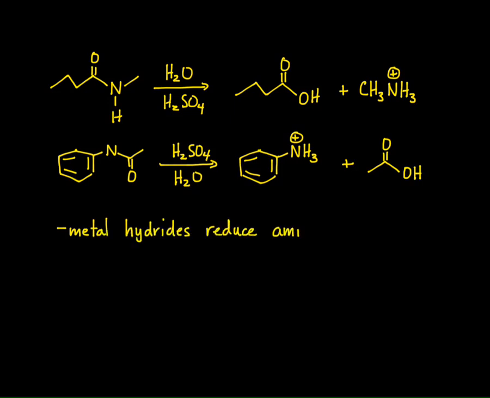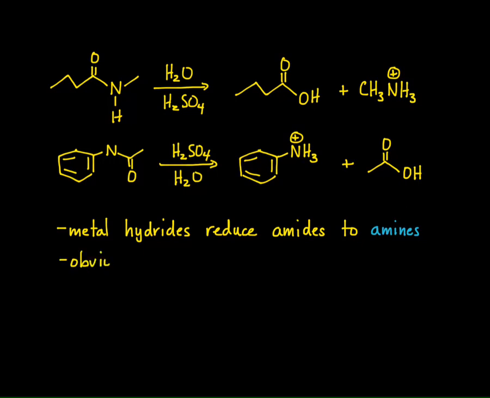Now, amides will also react with metal hydrides, and when metal hydrides react with amides, they actually produce amines. So if you think about esters reacting with lithium aluminum hydride, we saw that we get alcohols. And if that logic followed with amides, we would also get alcohols and amines.